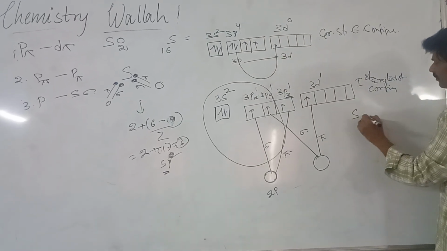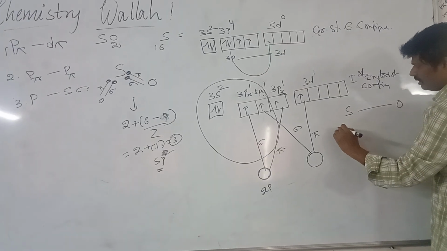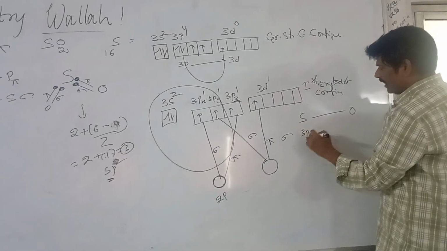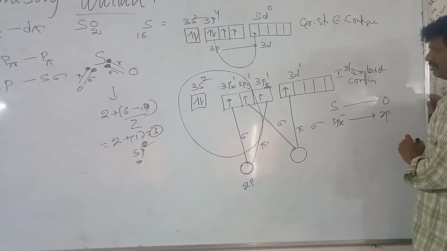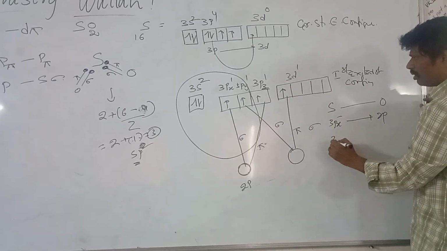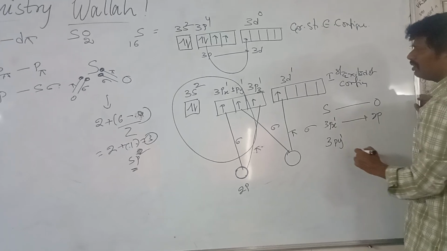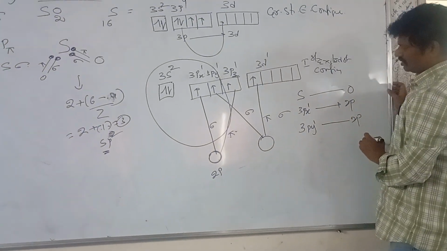Now let us check how to find out the bonding. First, sulfur to oxygen we have to verify. Let us see the sigma bonds first. Sulfur 3px1 is bonded with a 2p orbital of oxygen. Next, the second bond is sulfur 3py1 with a 2p orbital of oxygen.